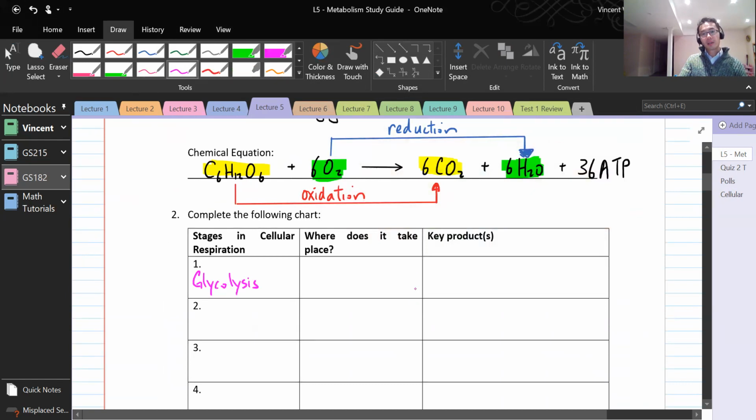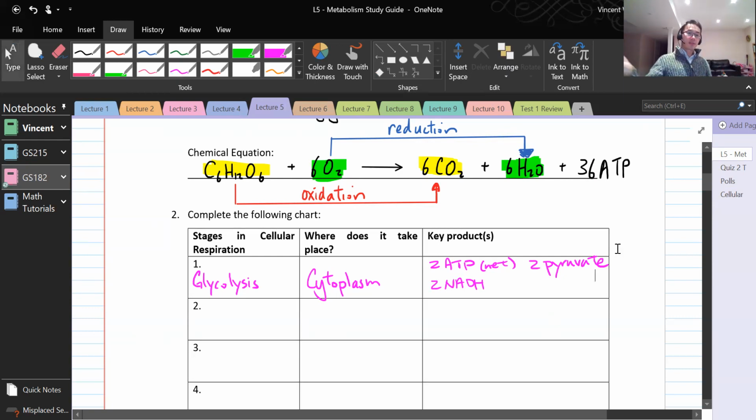Where does it take place? Well, I told you, it's in the cytoplasm. And the key products, we are going to have 2 net ATP. We're going to get some energy carriers, NADH. And we will have 2 pyruvate. All right. That is the first step.